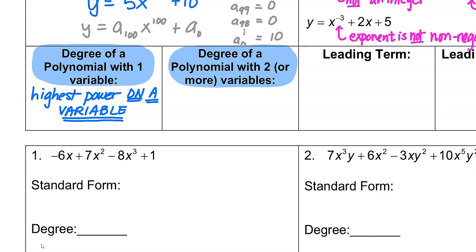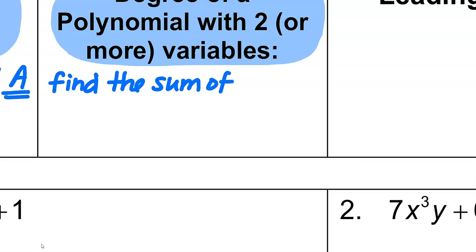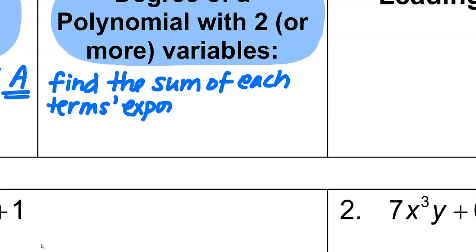I like to focus on one variable in this class, but I'm going to tell you, you find the sum of each term's exponents on variables. The term with the highest sum is the degree.